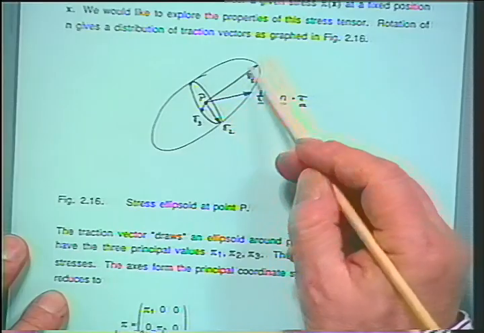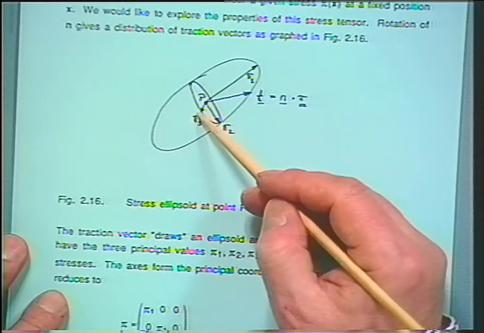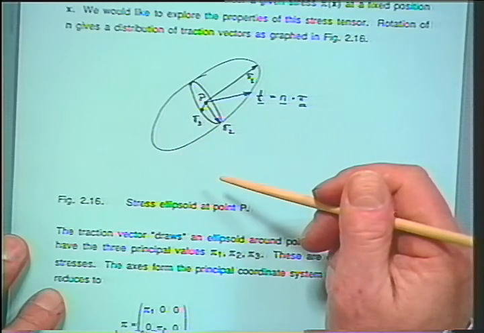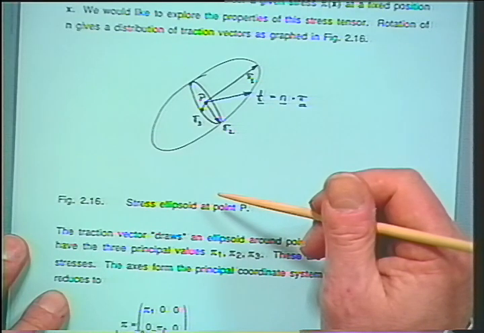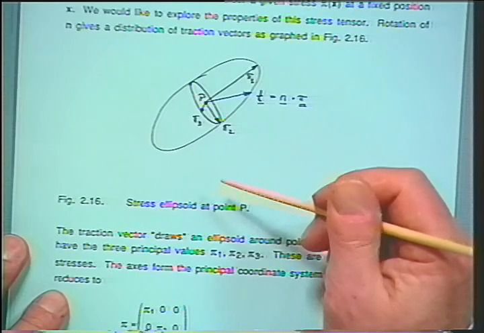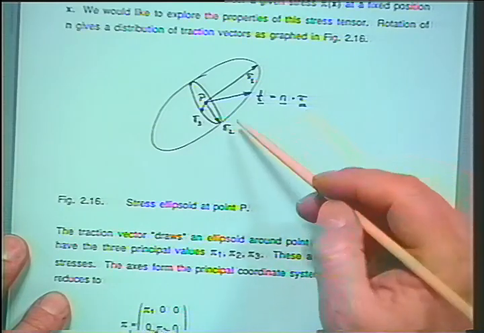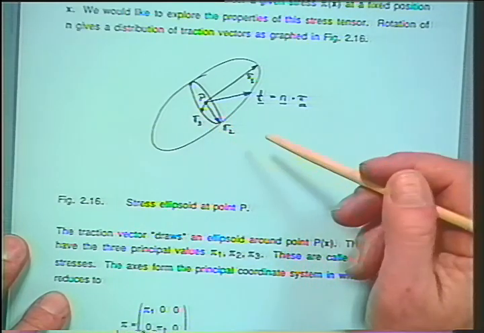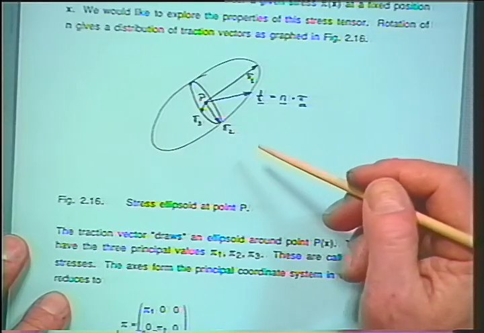And the direction of the ellipsoid axes would give us the principal axes of the coordinate system of the stress. So we can analyze the stress in terms of its principal stresses. Next time I will come back to this point. We will continue working with the principal stresses and relating that to the other properties of the stress tensor.